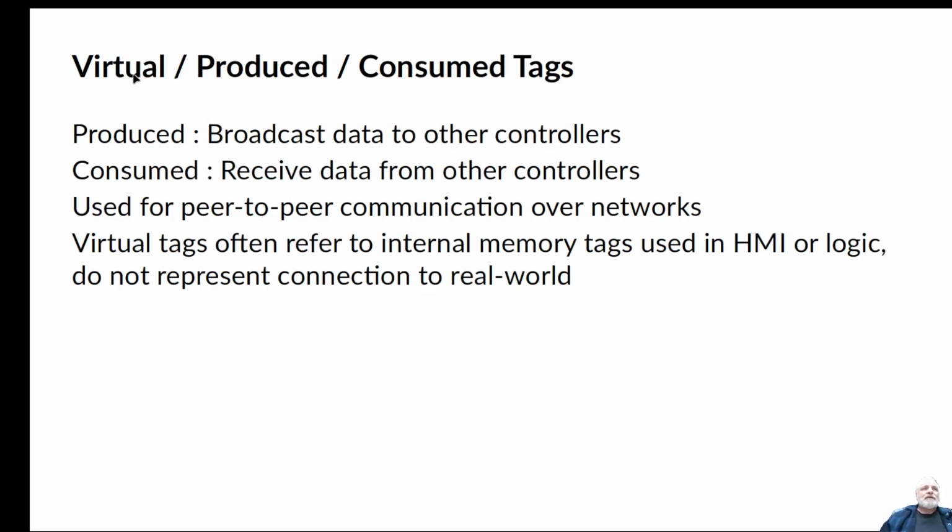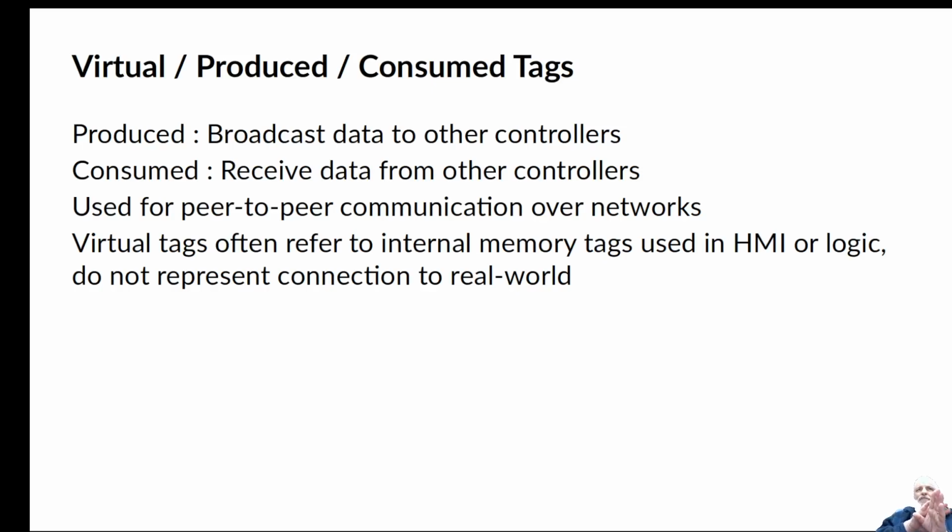So as I already mentioned, we can have virtual tags. Virtual tags means that they only exist inside of the PLC. We also have what's called produced tags. So if it's a produced tag, what that means is that this PLC is producing that. It's either computing it or it's pulling it in from an input sensor or input value.